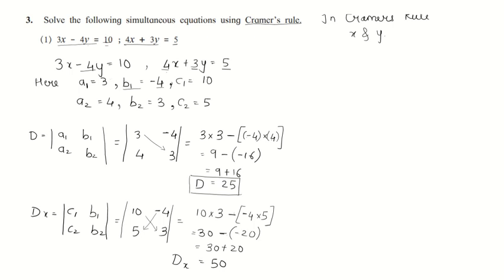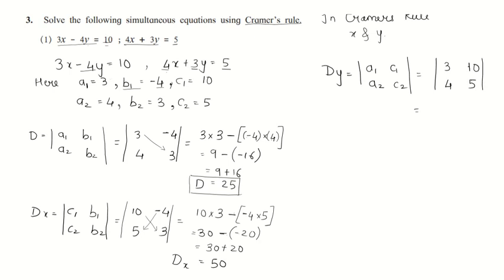Now we need dy is equal to, how we will get dy? The formula is a1, a2 and c1, c2 is equal to, a1 is 3, a2 is 4, c1 is minus 4, sorry, c1 is 10 and c2 is 5.